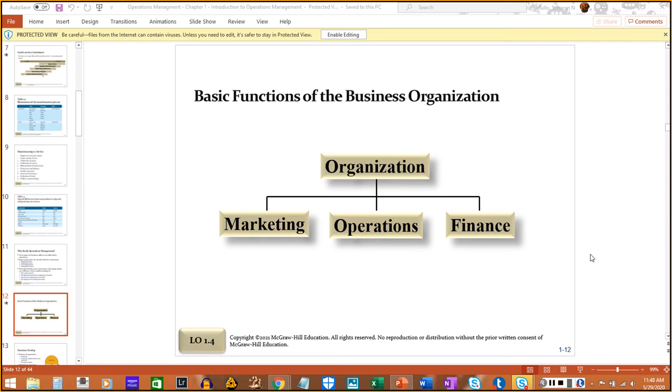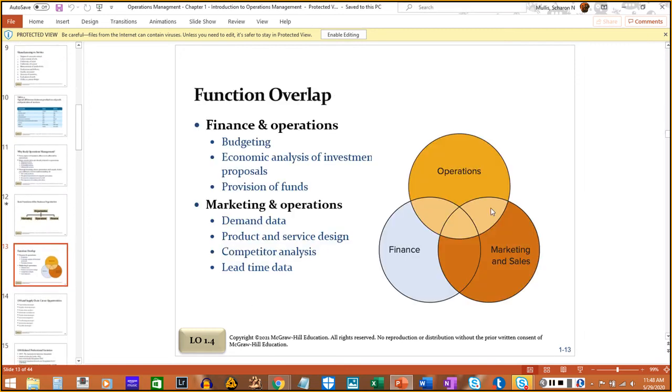So these three functions all connect together. Operations is going to talk to marketing and sales so they know what they're going to produce. And finance is going to talk to operations to tell them how much money is available for them to produce what the marketing department says needs to be produced.